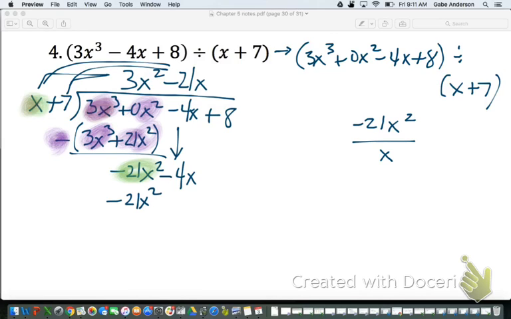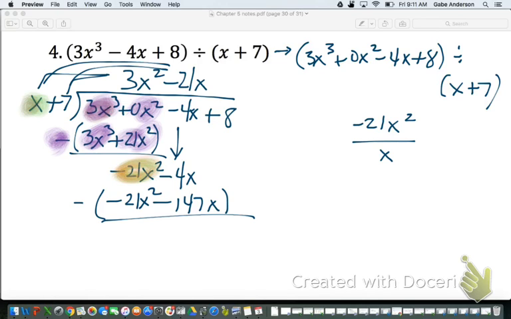Yep, and then what's 21 times 7? 147. Yep. So minus 147x. So this is going to present some challenges because we are about to subtract. There's a lot of minus signs, so be very careful. I'll highlight what I'm thinking in orange.